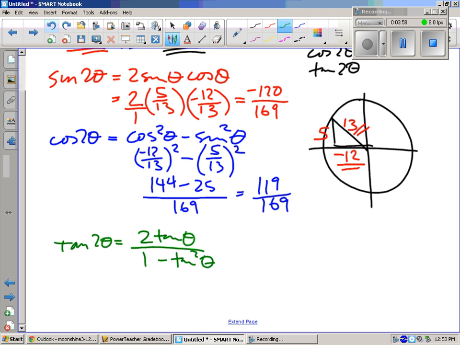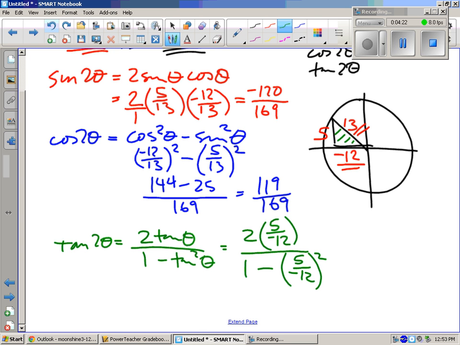All right, looking at this triangle over here, tangent is opposite over adjacent or y over x. So on the top, I get 2 times y over x. On the bottom, I get 1 minus y over x squared.